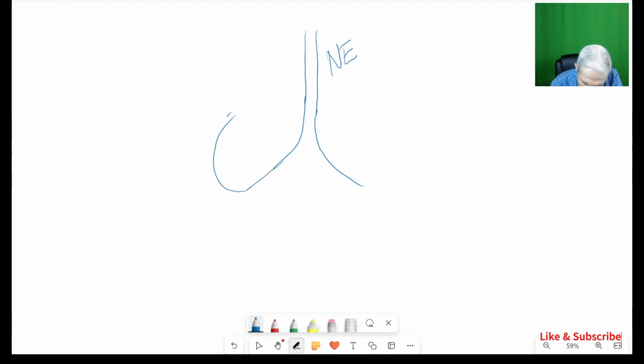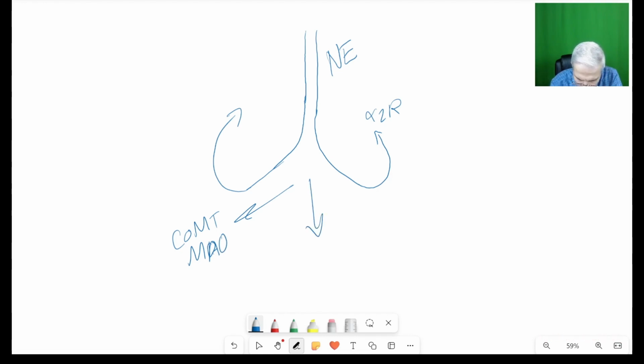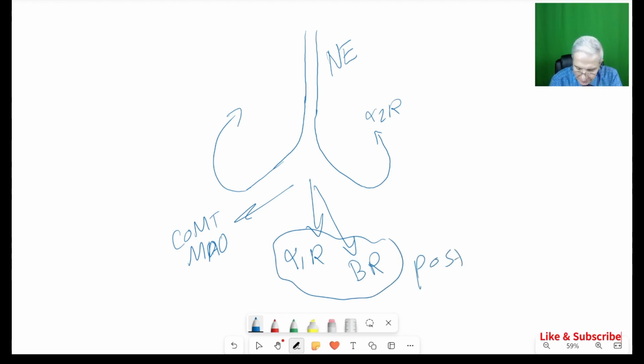One pathway will be reuptake. Another pathway will be binding to the alpha 2 receptor. Another pathway will be metabolism by catechol-O-methyltransferase and monoamine oxidase. Number 3 will be binding to the alpha 1 receptor and the beta receptor. This one will be postsynaptic. This one presynaptic. So you can see the fate.